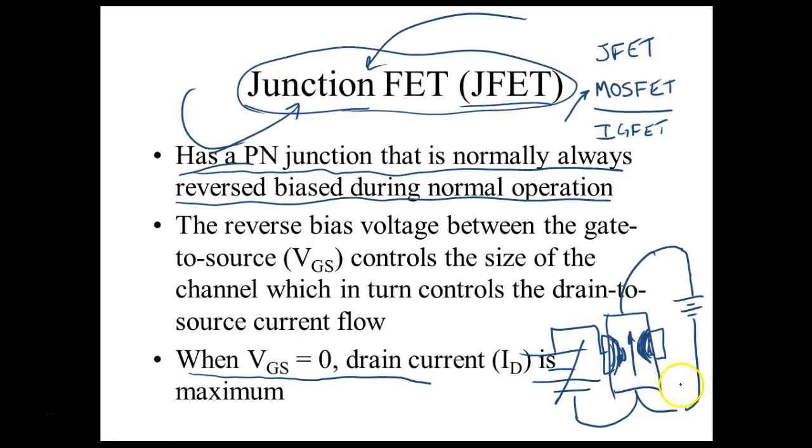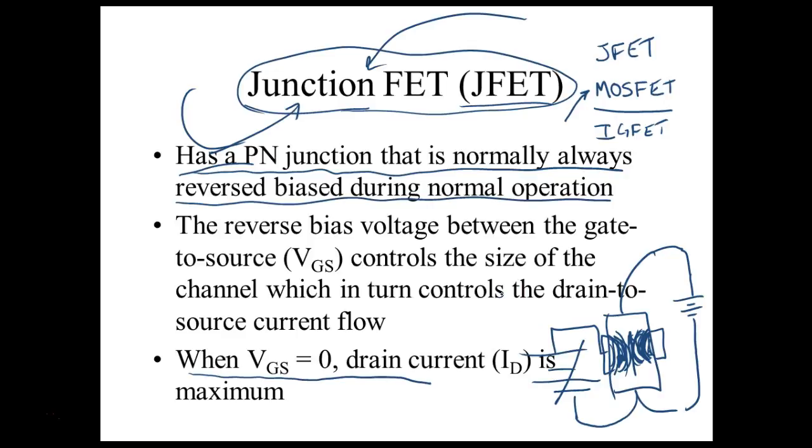If we decrease the size of the channel, the resistance of the channel goes up, which means your drain current will go down, until we get to a point where we cut it off. That point is where the depletion region spreads out so there is no channel between the drain and the source, and the transistor cuts off. This is what we call the gate to source cutoff voltage.